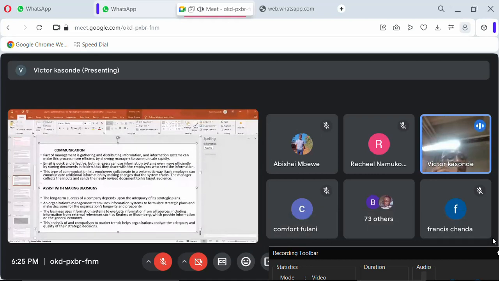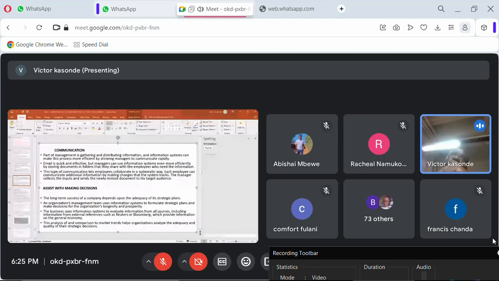I gave an example of myself applying for a leave. If I want to apply for a leave, I'm supposed to use our information system here at CBU. I can just go on our website, go on HR, and check my leave days.